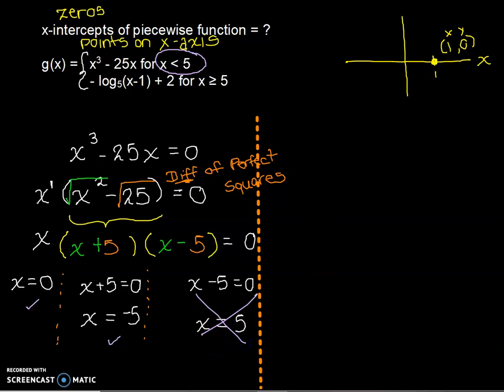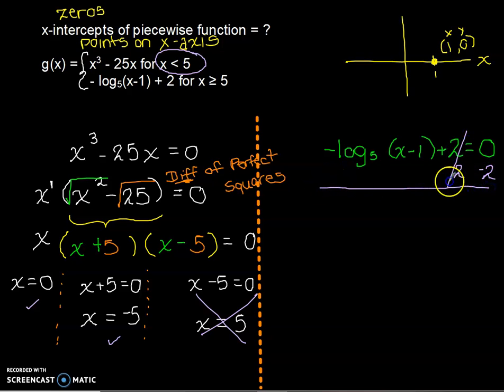Moving on to the next part of the function, which is negative log base 5 of x minus 1, plus 2. Remember, we're setting y or g of x equal to 0 to find our x-intercept, because x-intercepts just mean you're going to make y 0. First thing I'm going to do is subtract 2 on both sides. Negative log base 5 of x minus 1 equals negative 2.